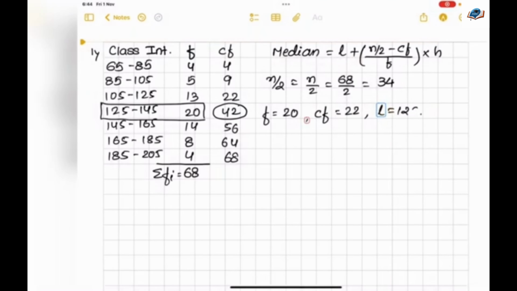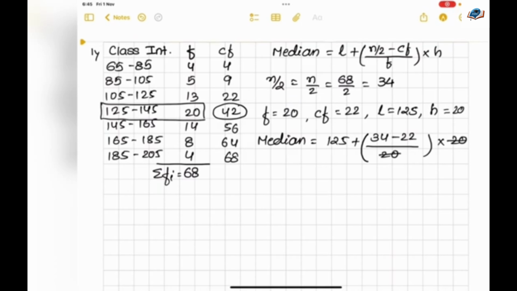Then L will be 125 and H will be 20. Now putting the values in the formula, median equal to 125 plus (n by 2 is 34 minus CF is 22) upon F is 20 into H is 20. So 20 gone. So that will be 125 plus 12. So 137.